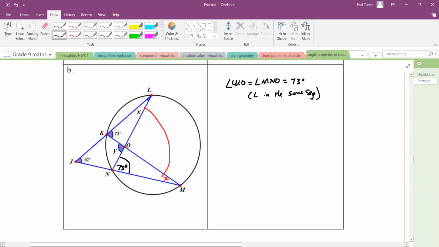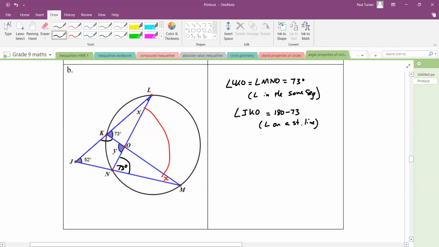But what we know now is that this angle here can be calculated, can't it? So this angle here, JKO, is going to be 180 minus 73. So that's angle on a straight line.